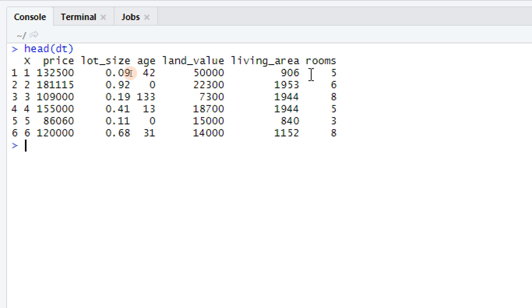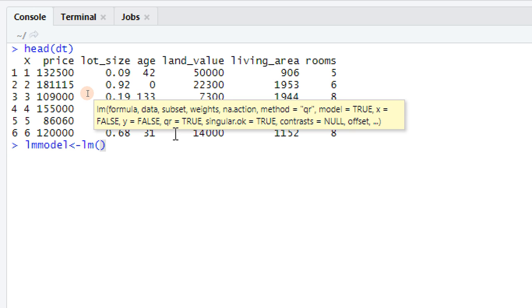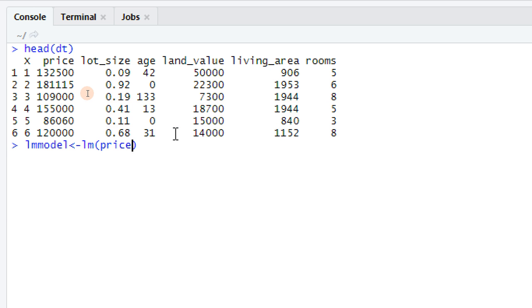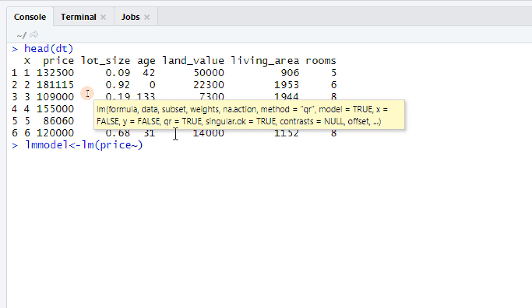So lm model, lm is a function. I want to find price, and this is the formula symbol. If you want to involve each and every variable to find out the price, you can use a dot.